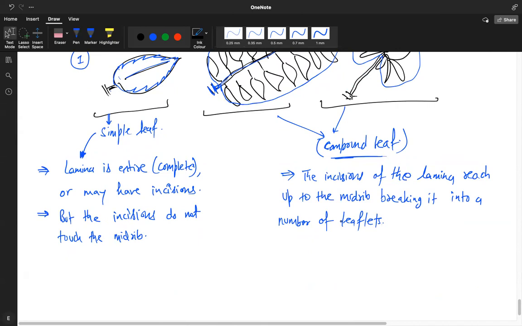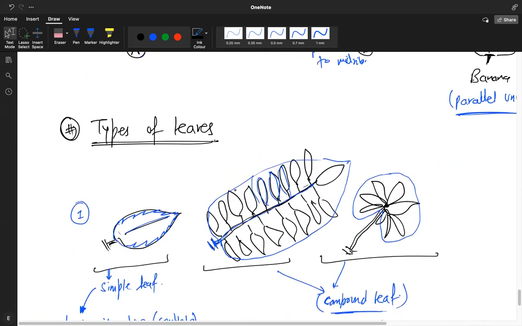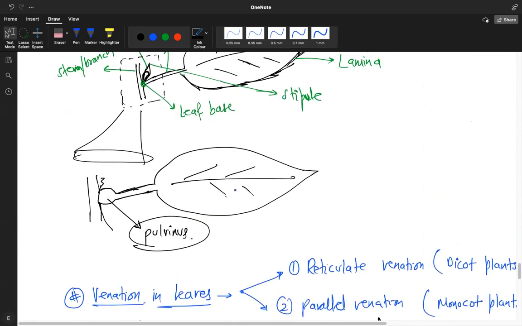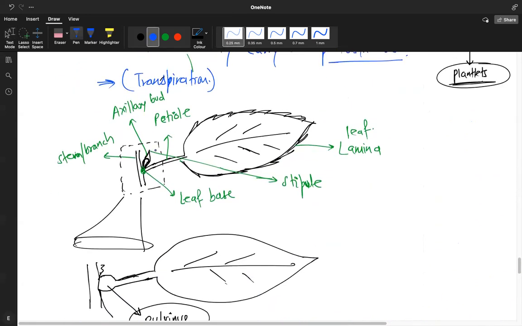Now, how do we distinguish leaflets from a leaf? Why are we saying that these are small leaflets and not a leaf? Because a leaf has this one characteristic. If I go up, remember when we were drawing a leaf, look at this axillary bud.